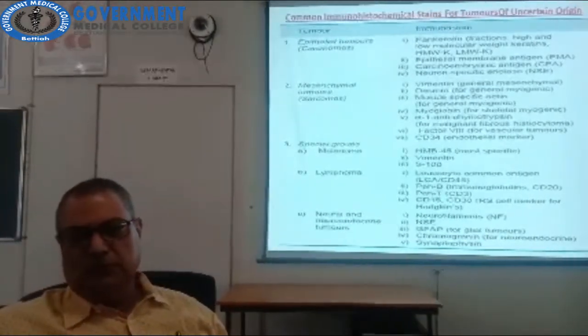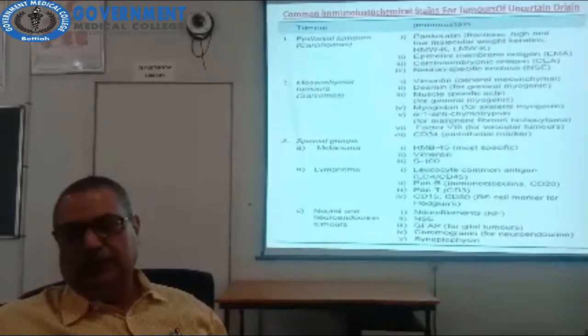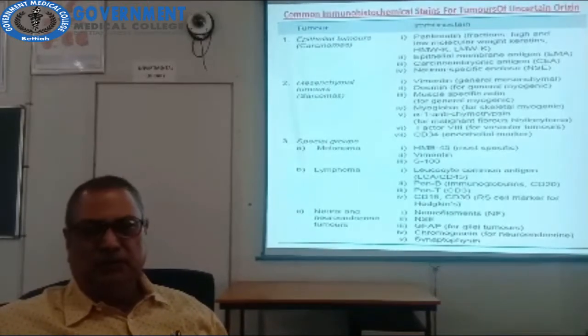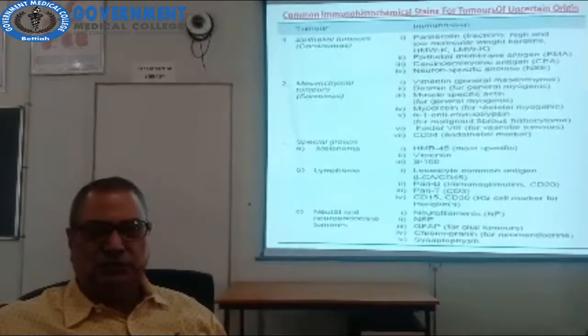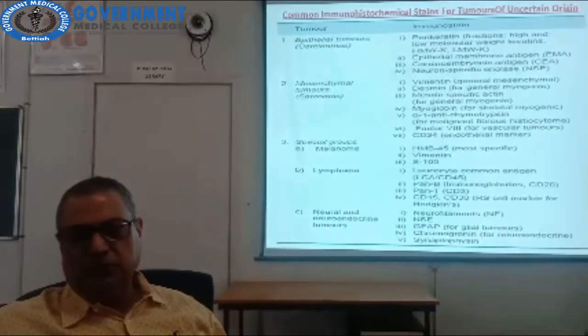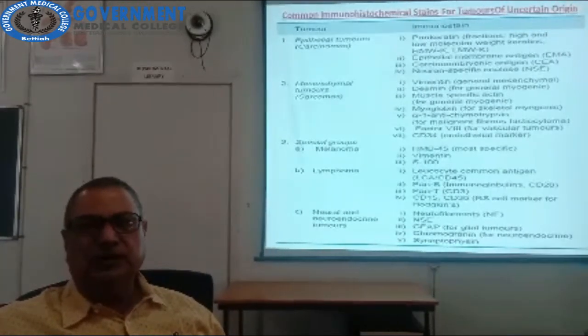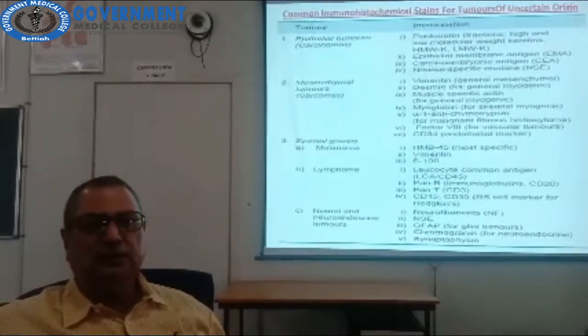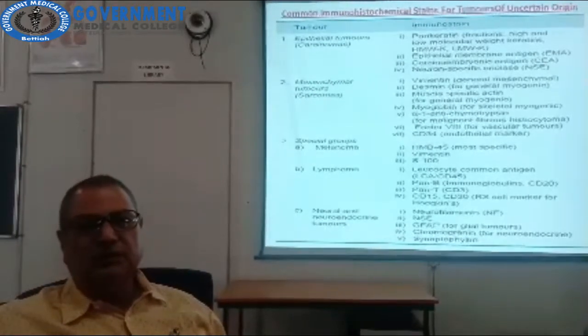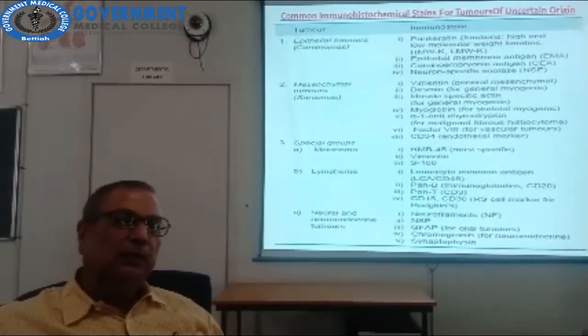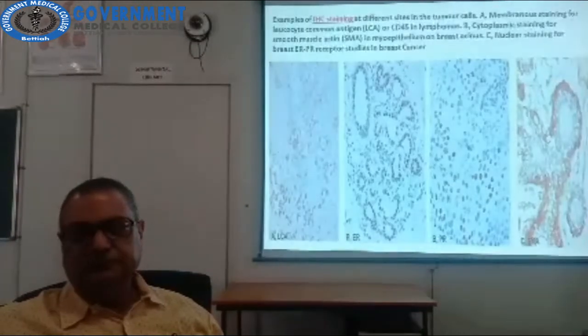Then chromogranin and synaptophysin are used for neuroendocrine tumors. So these are the various immunohistochemical markers for identification of epithelial tumors, mesenchymal tumors, melanoma, lymphoma, and neuroendocrine tumors.